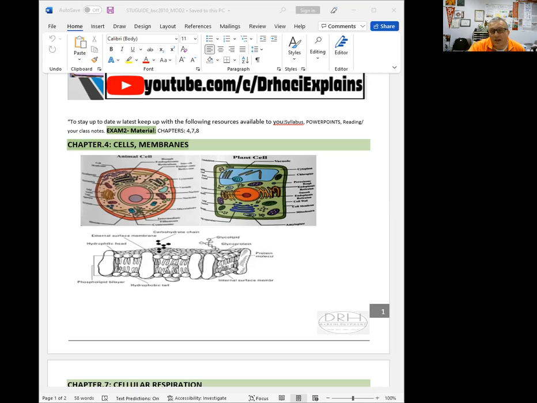They have other things in common. They also both have DNA, and they have genes in them, chromosomes and genes. So they are both very, very important organelles. Okay, chloroplast is found in plants and algae. They are sites of photosynthesis. Again, they both have double membranes.